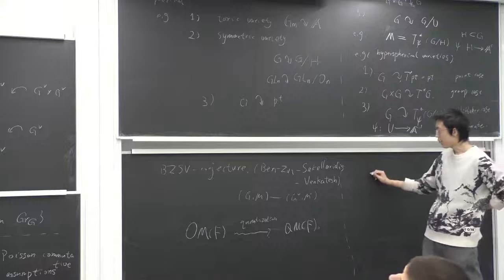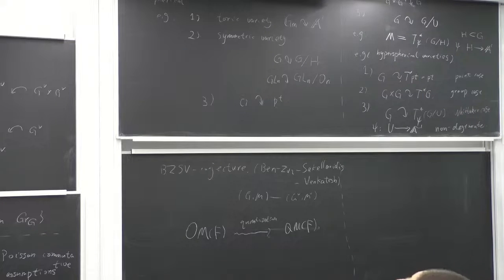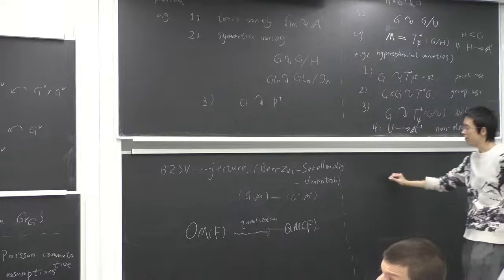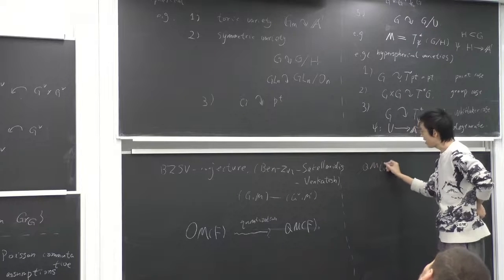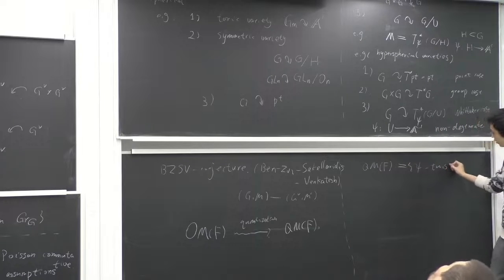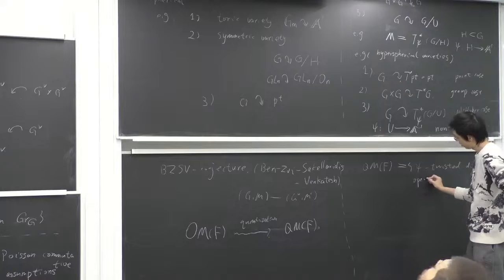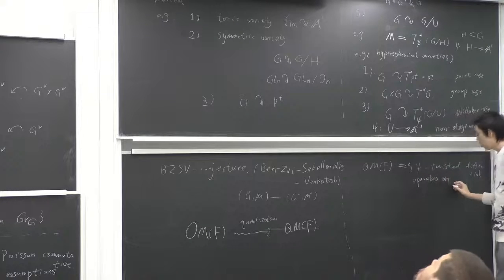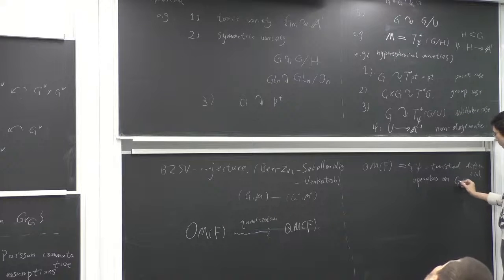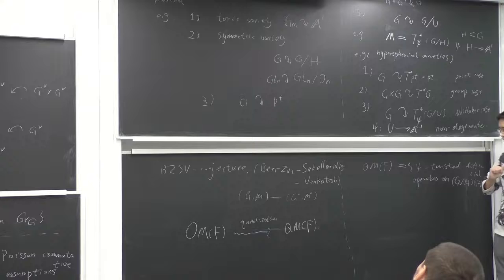So in our particular case, where M is the twisted cotangent bundle on G quotient H, then Q_{M_F} can be thought of as twisted differential operators on G quotient H over F. Here G quotient H over F means the loop space associated with this quotient space.